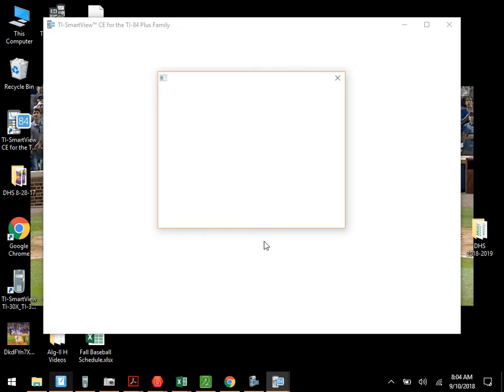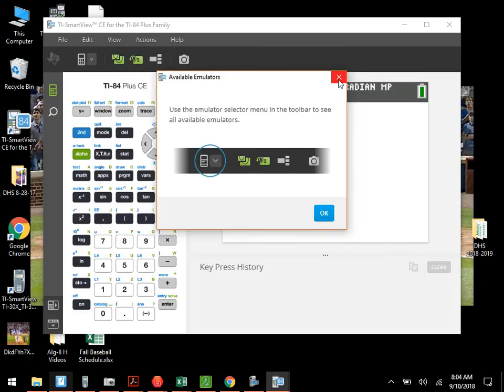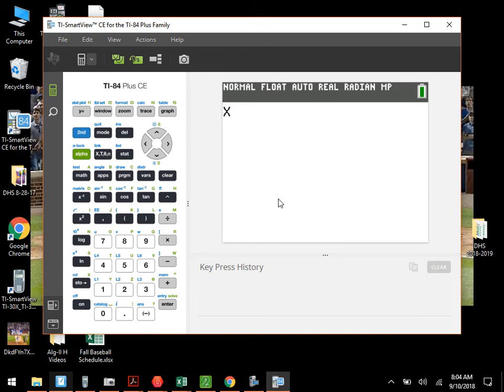There's a button on there that helps you work with what's called an inverse. You guys ever see this one? The x to the negative 1 power? That stands for inverse. If you do 3 to the inverse and hit enter, what do you think is going to happen?